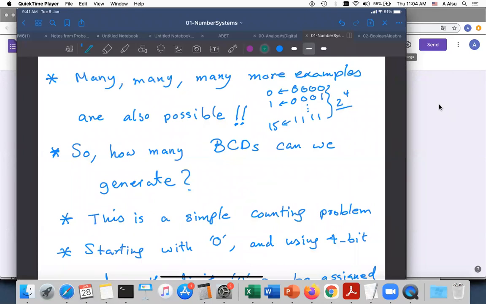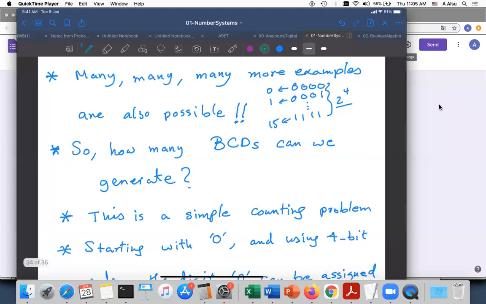This is in decimal 0 to 15, which is 16 possibilities. If you pick one possibility out of them, then you are left with 15 possibilities for digit 1.